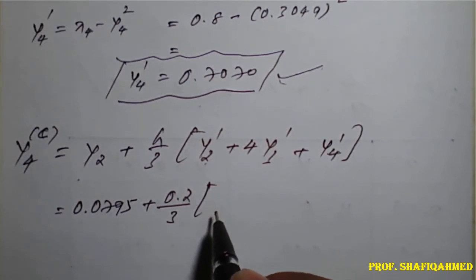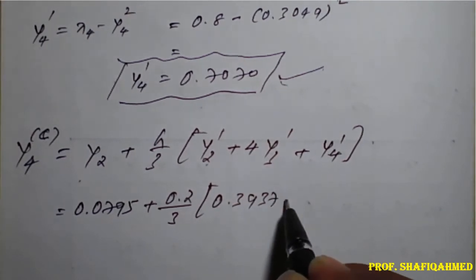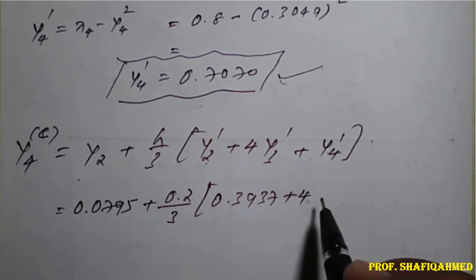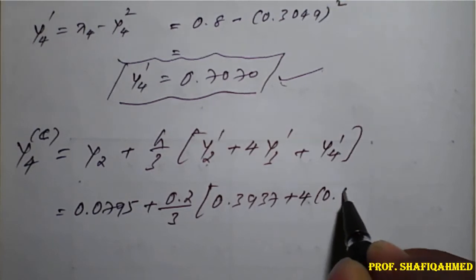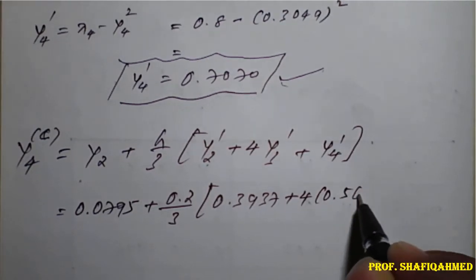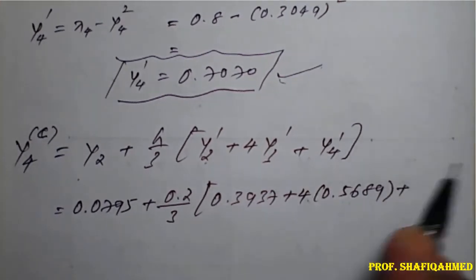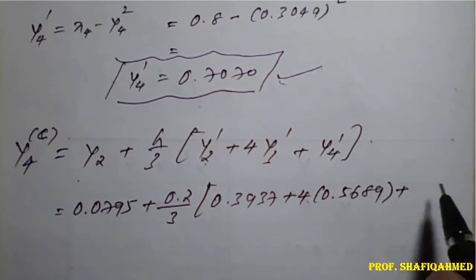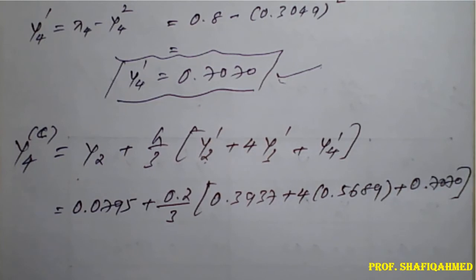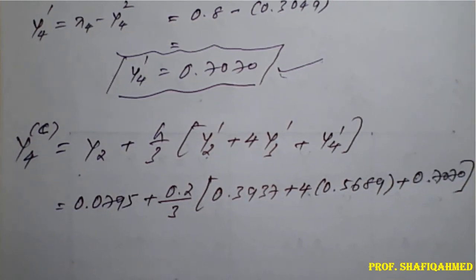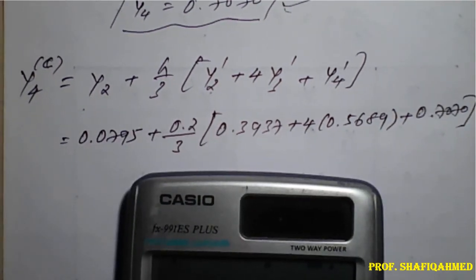So y2 dash value is 0.3937 plus 4 into y3 dash from the table, 4 into 0.5689, close the bracket, plus just now we have calculated y4 dash, it is nothing but 0.7070. So once you got this, we will enter this value in the calculator and we'll see what is the solution of this y4 of c.